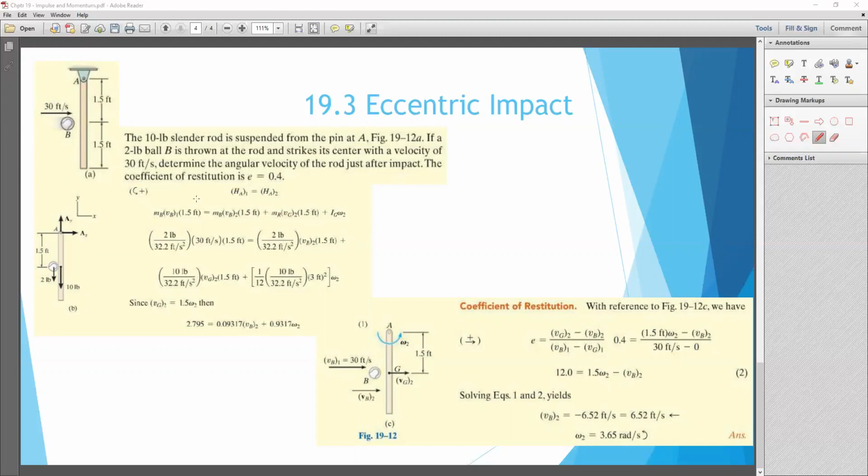Before the impact, the ball is moving at the speed of 30 feet per second, so there is only one item that is moving. The rod is at rest, so on the left hand side we only have VB, and V rod 1 is 0.